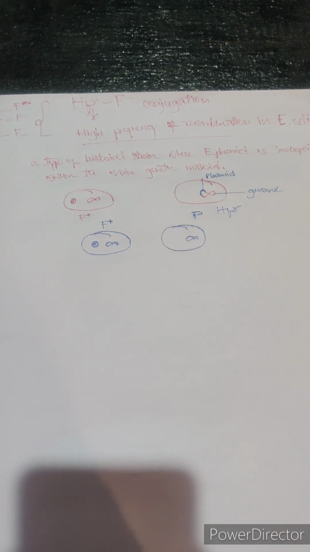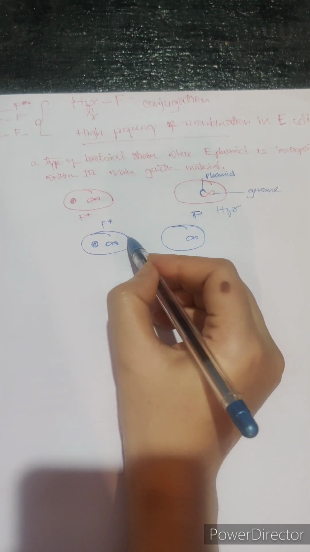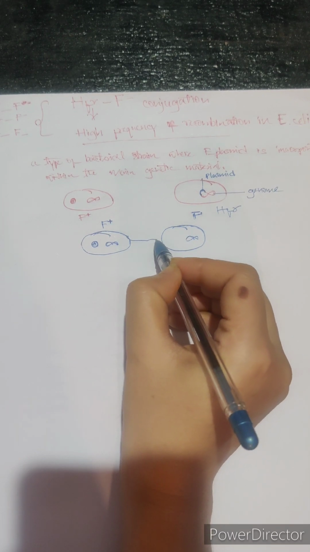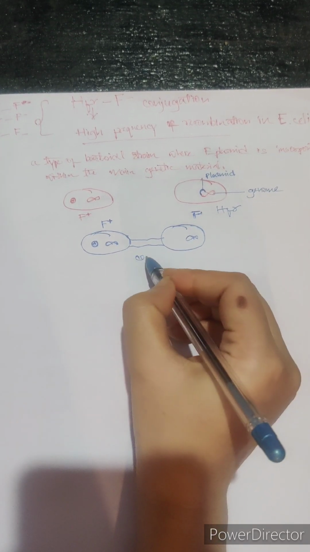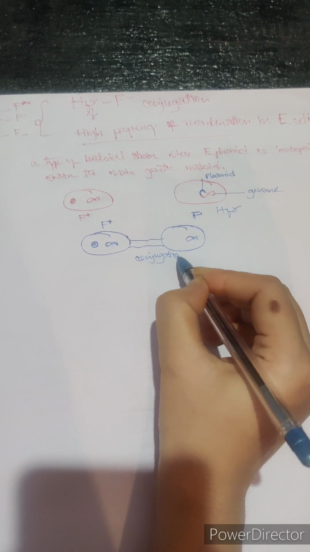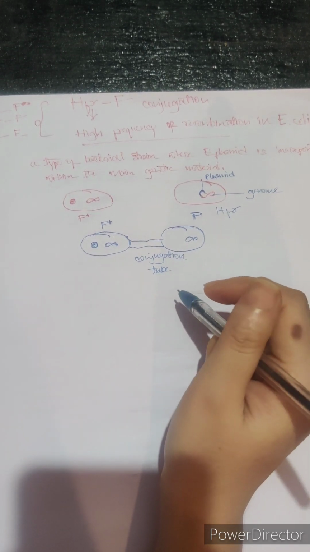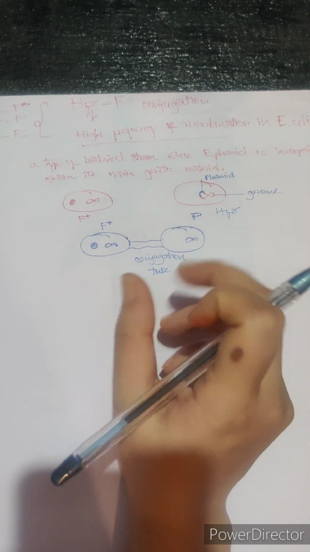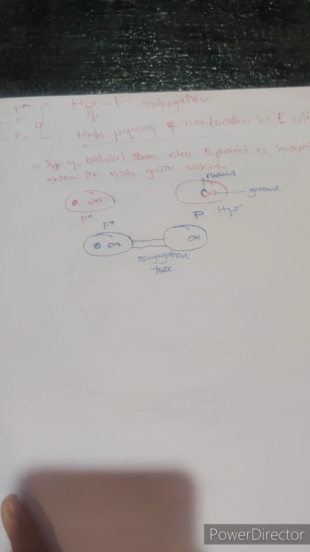When both the bacteria come in contact with each other, the sex pilus forms a tube known as the conjugation tube. This conjugation tube is what helps both the bacteria in transferring the genetic material.